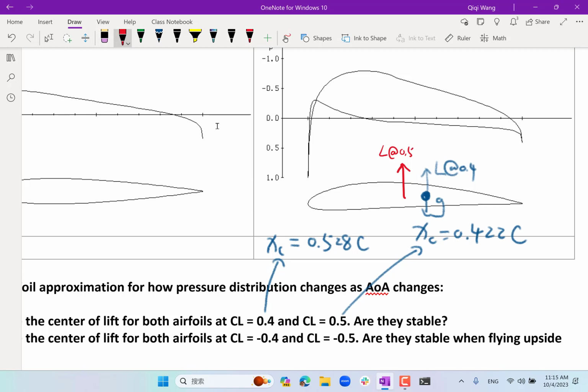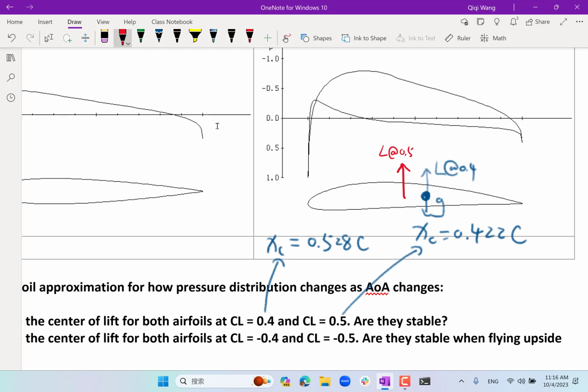What moment do I get on this airplane due to a combination of lift and gravity? We see two things. One is the lift is now greater than gravity, so the airplane is going to accelerate upwards. That's the consequence of a gust hitting me or increased angle of attack. The second consequence is the moment. The lift combined with gravity is going to make the airplane pitch up.